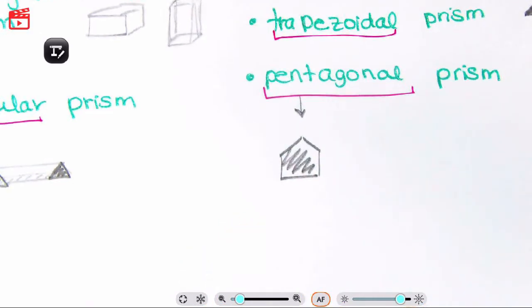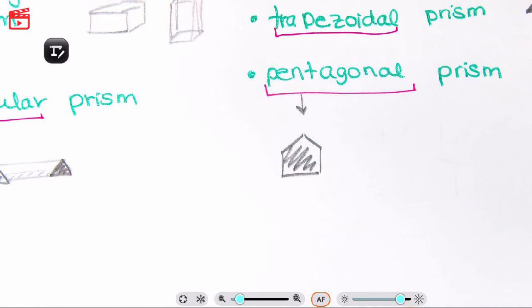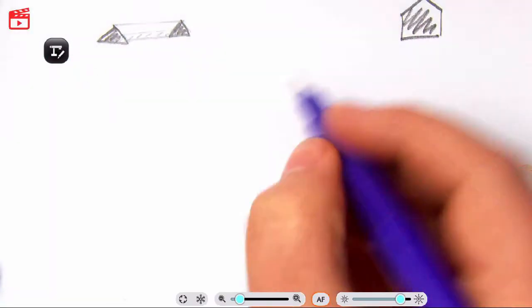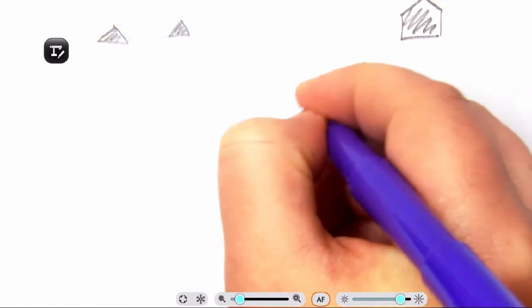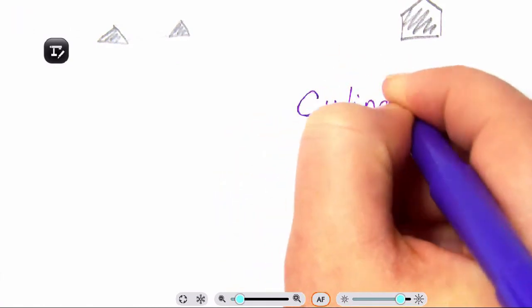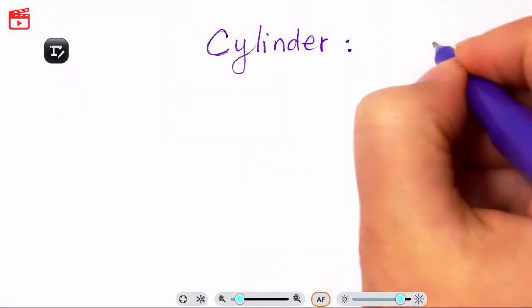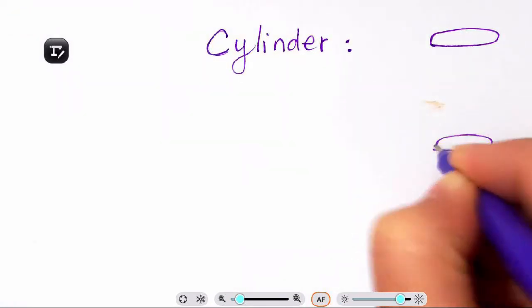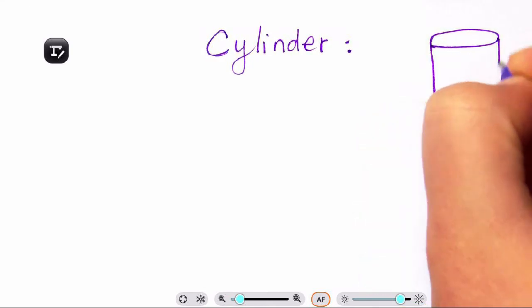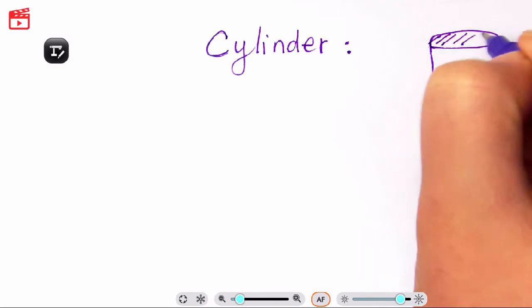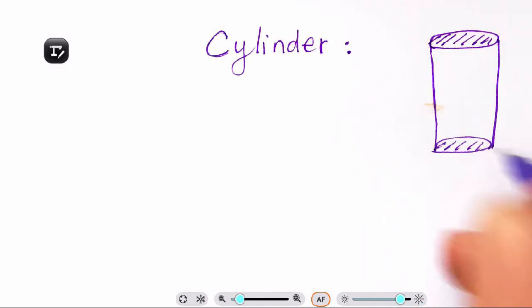All right. A lot of talk about bases. So let's do one more. And this one actually has its own name, and that is a cylinder. So a cylinder looks like a prism, but it has 2 circles for the bases. You have a circle on top, you have a circle on the bottom.